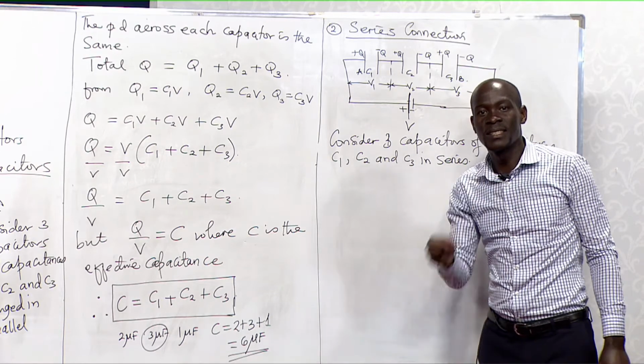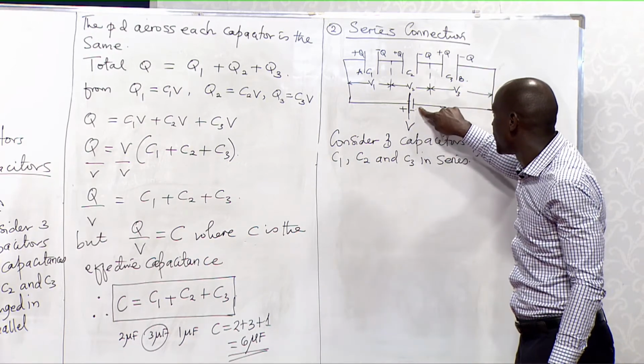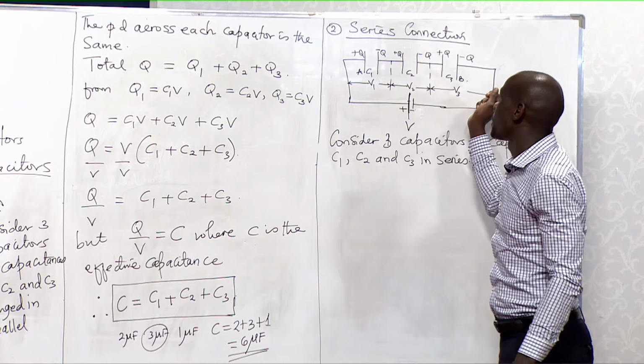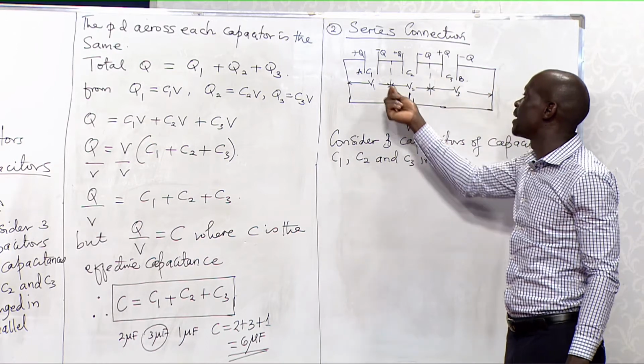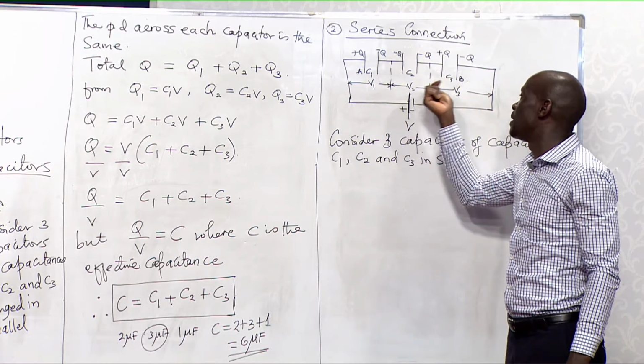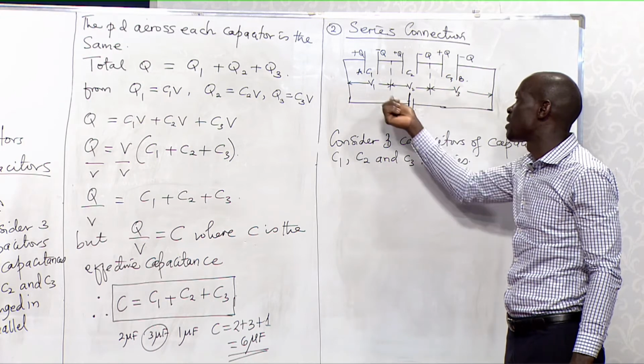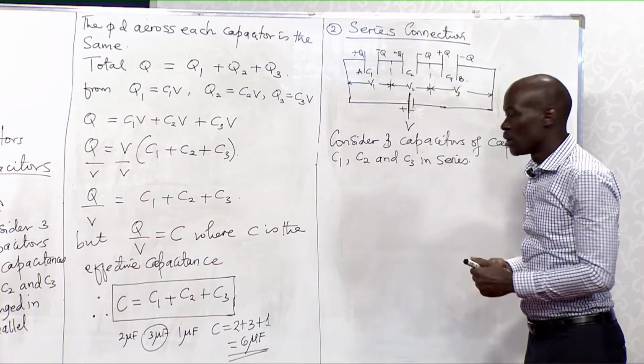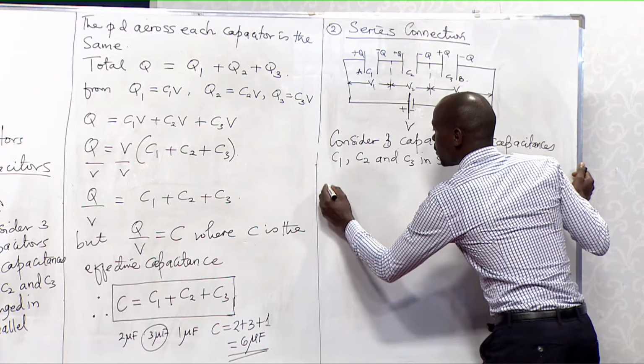This tells us that the total PD across the capacitor plates will then be got by the sum of the PDs, or of the potential differences across each of them. So what do we discover?